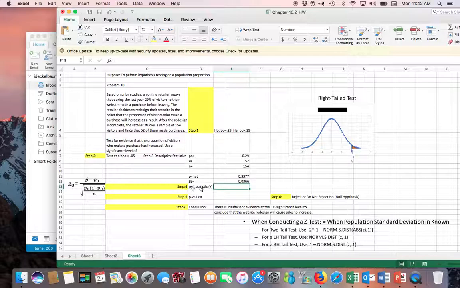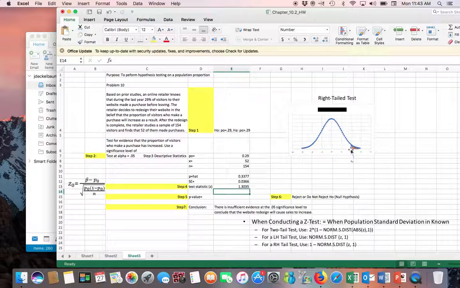So now we want to calculate our test statistic, which is equal to (p-hat minus p0) divided by the standard error, and we get 1.3035.